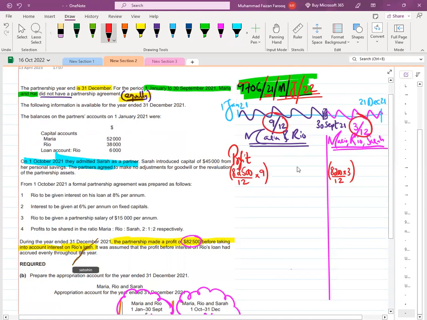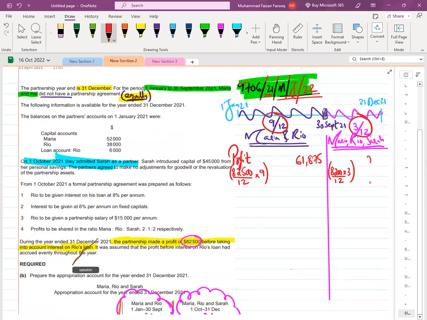The answers are 61,875 for the 9 months period, which had two partners, and 20,625 for the remaining months, which had three partners. This profit is before interest on loan given by Rio.